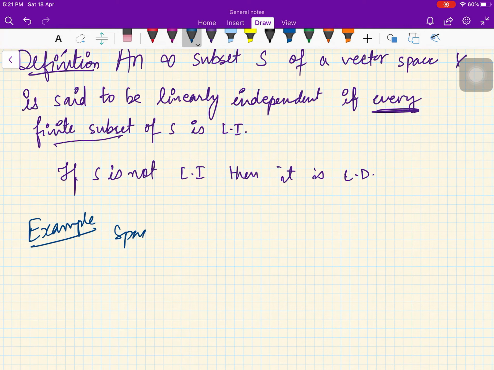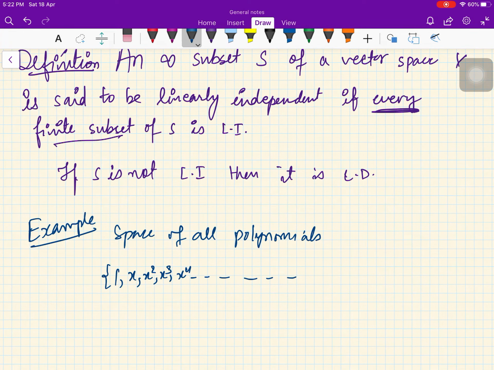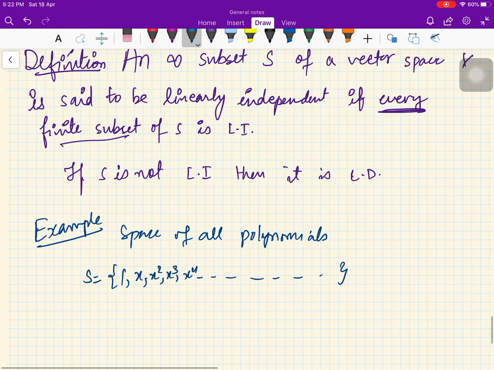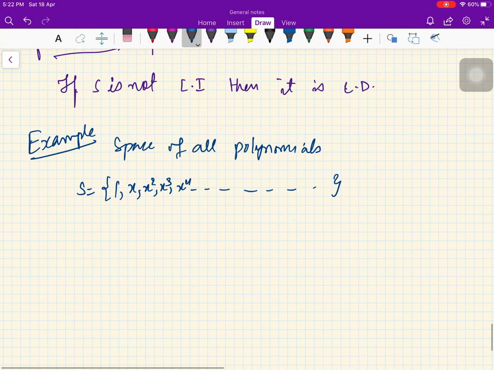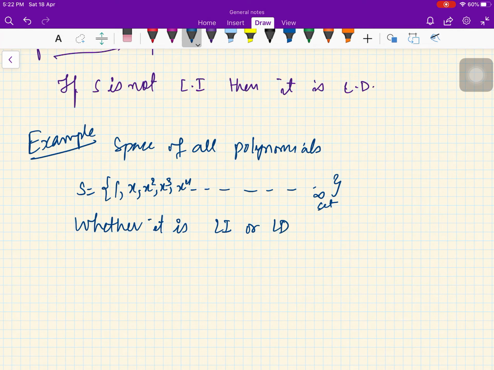For example, I'll give you a nice example. In the space of all polynomials, you know this is a vector space, right? You consider S = {1, x, x squared, x cube, x raised to power 4, ...}. Question is whether this infinite set is linearly independent or linearly dependent, right?